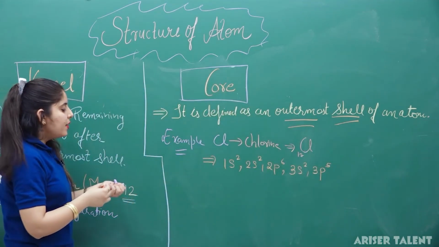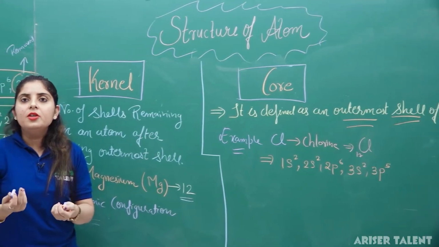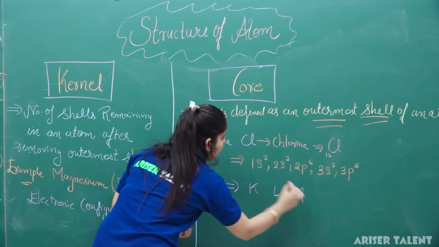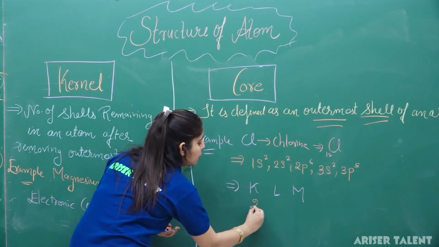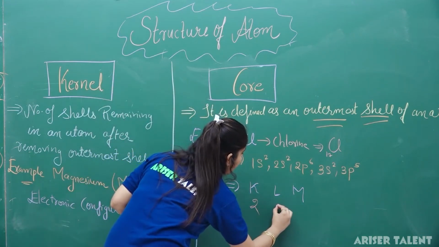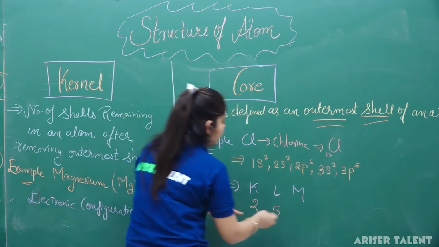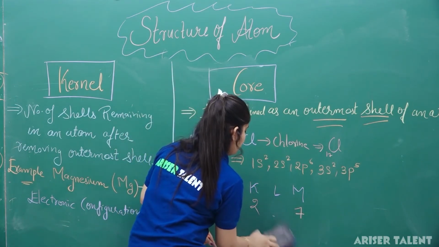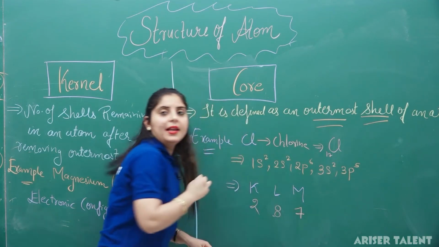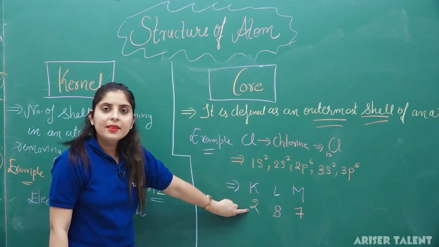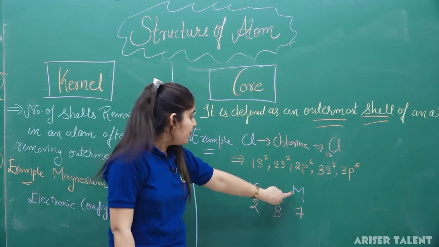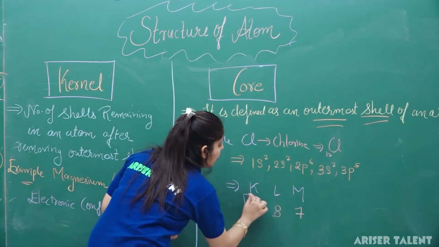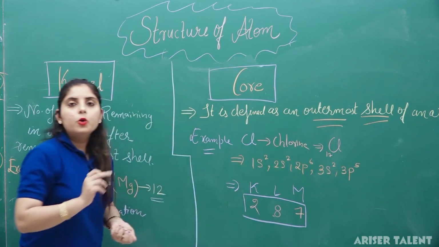But if I write it in terms of the K, L, M shells, we have 2 electrons in the K shell. The L shell can accommodate 8 electrons. So 2 in the K shell, 8 in the L shell, and we have 7 electrons in the M shell. So the electronic configuration for the chlorine atom will be 2, 8, 7.